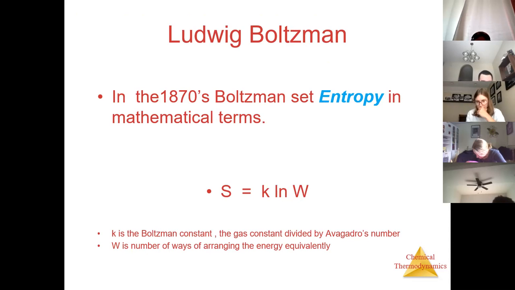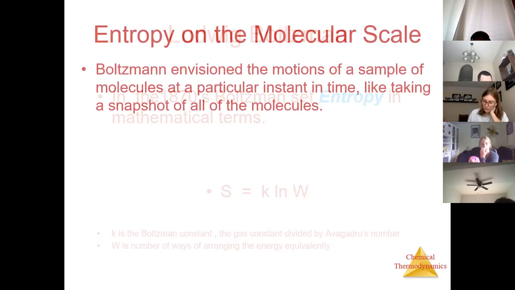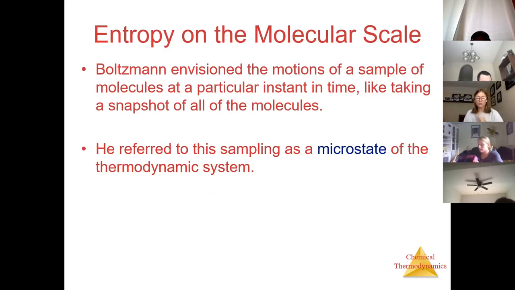And so he set this new term that he called entropy as equal to a constant, which is the gas constant divided by Avogadro's number, times the number of ways of arranging that system equivalent energetically. So he was talking about these little microstates.